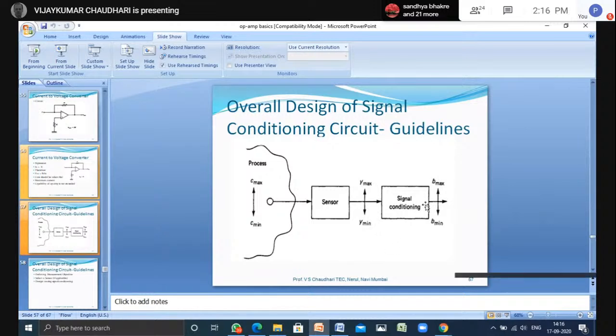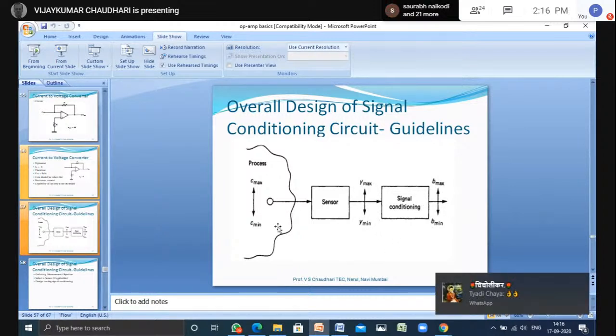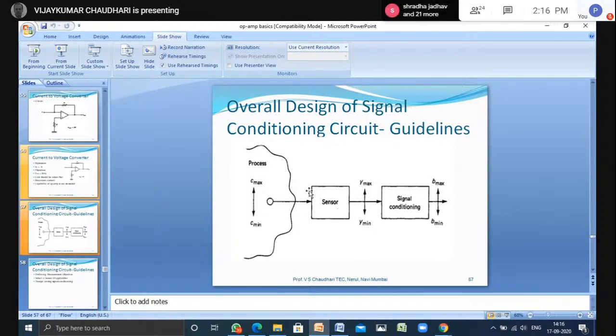So this range is given and this range is given. In this particular problem, the process parameter is not specified and the sensor is also not specified. Only the output of the sensor is specified. So this is a simple problem, or half the problem, and therefore we will be designing the signal conditioning circuit only. For that we need to find out the relation between Vin and Vout.